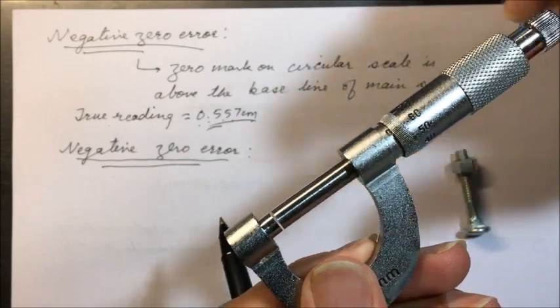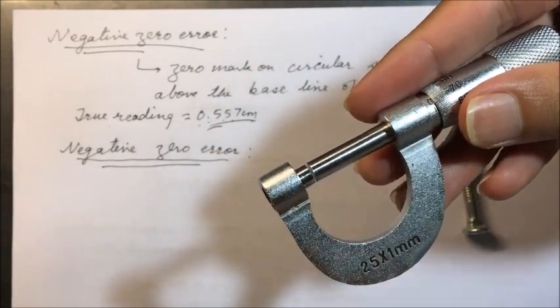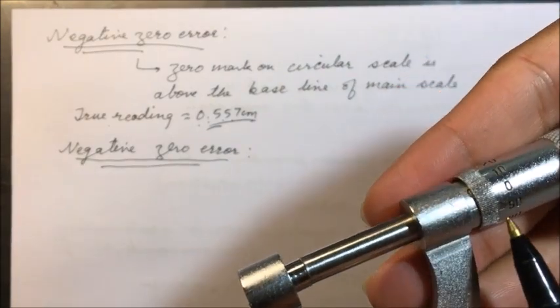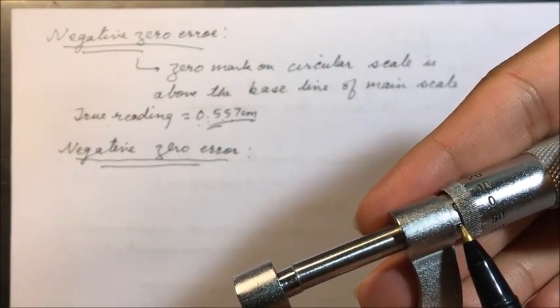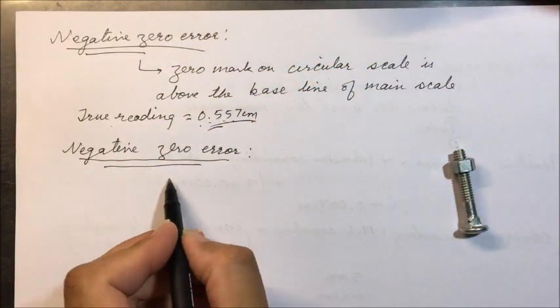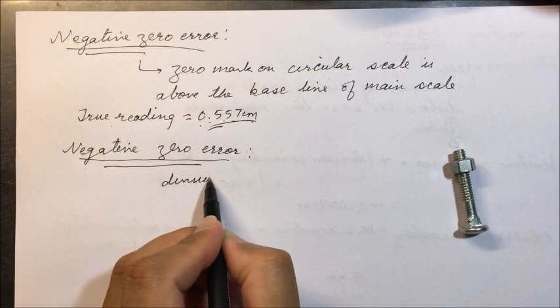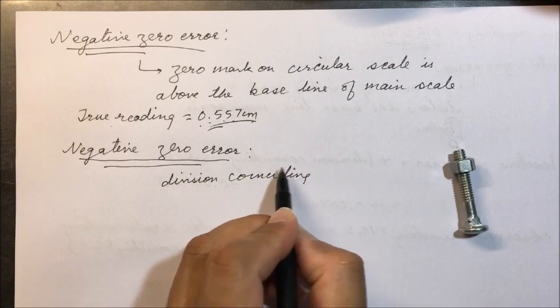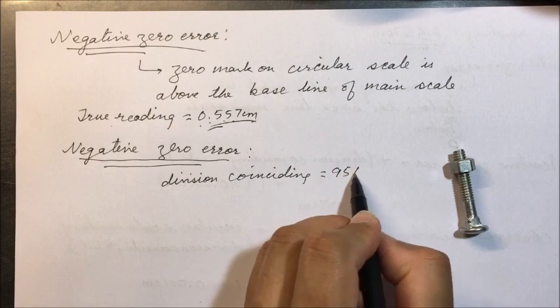As I bring the flat end in contact with the stud, it is in contact. Now I will see which division is coinciding with the baseline. It is the 95th division. So division coinciding equal to 95th.